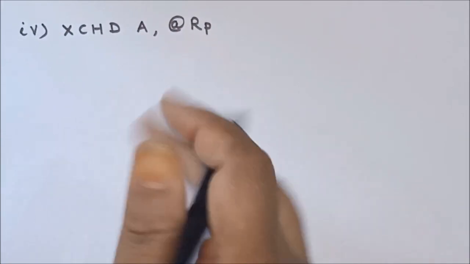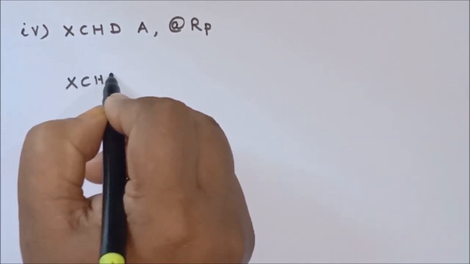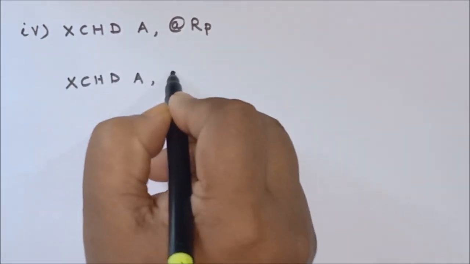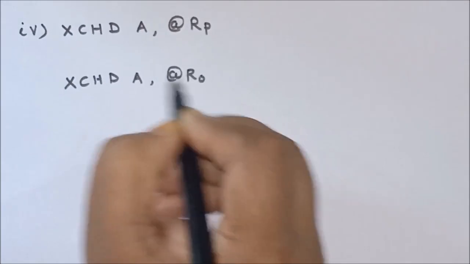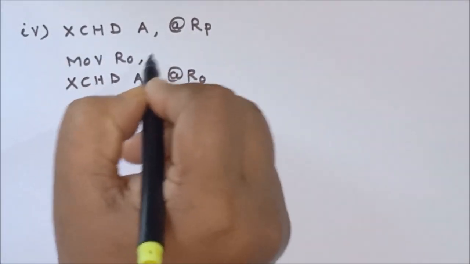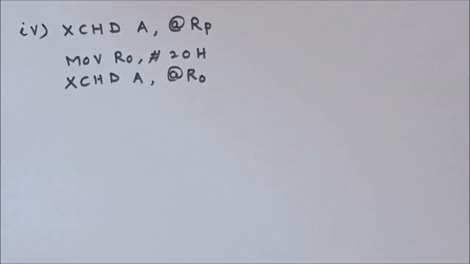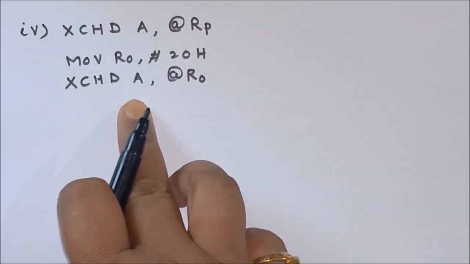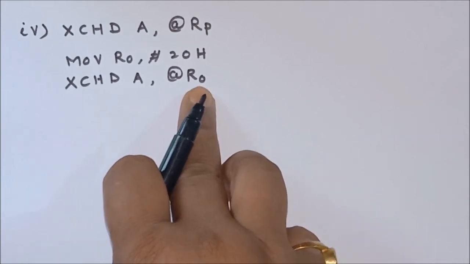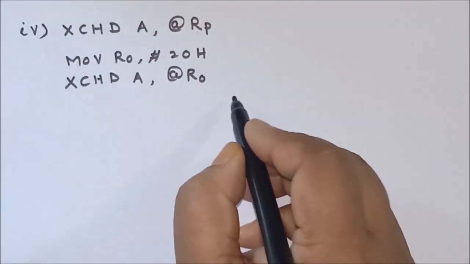register Ri. For example, suppose I write instruction XCHD A, @R0, and before that we have to initialize R0 with address of memory location, suppose 20H. So lower nibble of accumulator will be stored in the lower nibble of memory location pointed by R0.